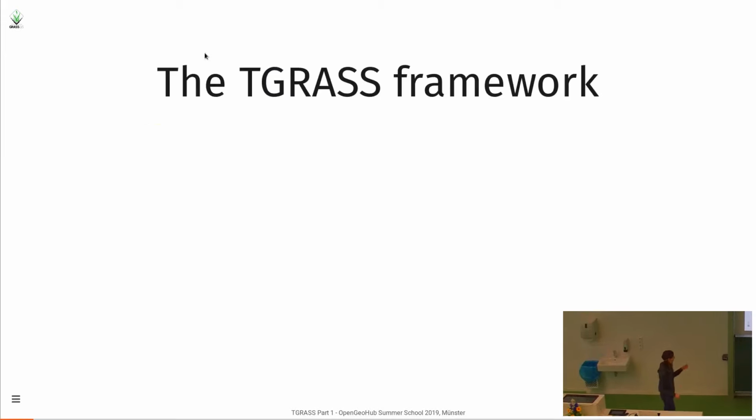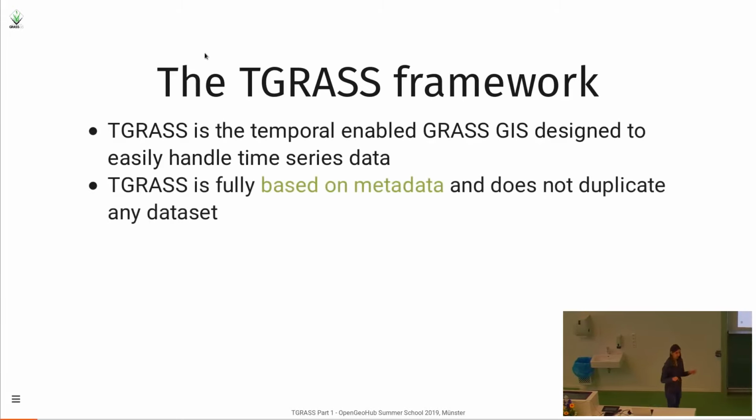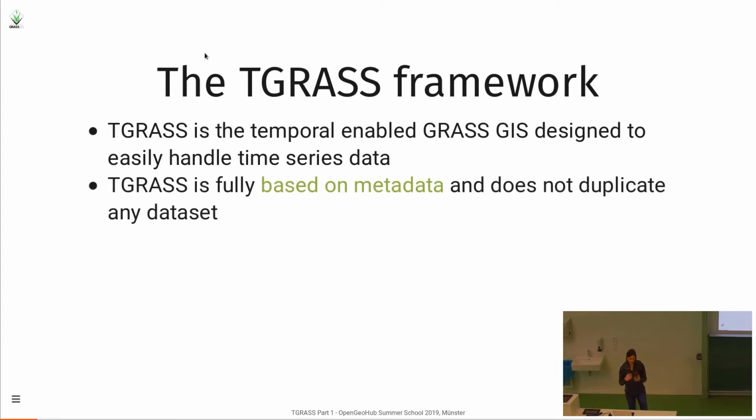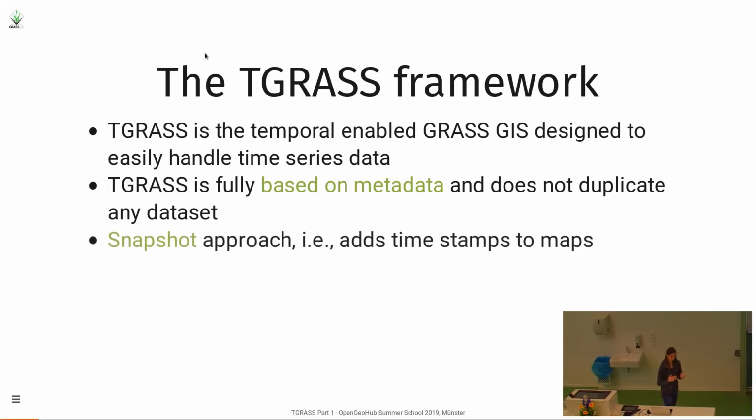So we call this temporal GRASS, TGRASS for short. This TGRASS is fully based on metadata, and it does not duplicate any data set. Most of you already know the concept of GRASS data and how it is organized. It does not duplicate any of that, it's just based on metadata.